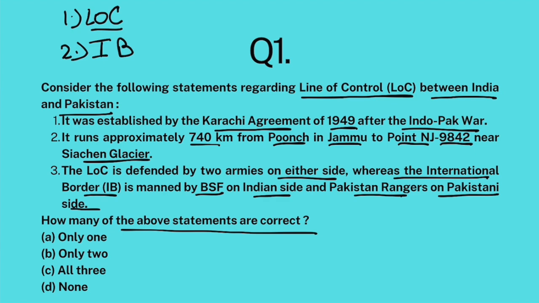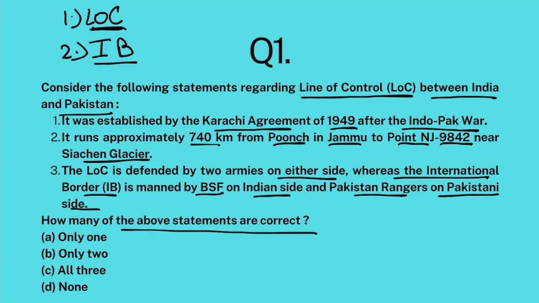Similarly, Pakistan might consider Jammu and Kashmir to be part of its own territory. So it is just a basic understanding that the two armies would be on either side of this LOC. So it is just a military border. It's not an internationally recognized border. Other parts of the border between India and Pakistan are internationally recognized and they are called international border.